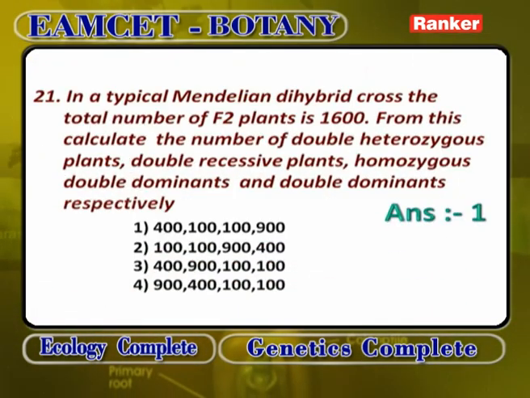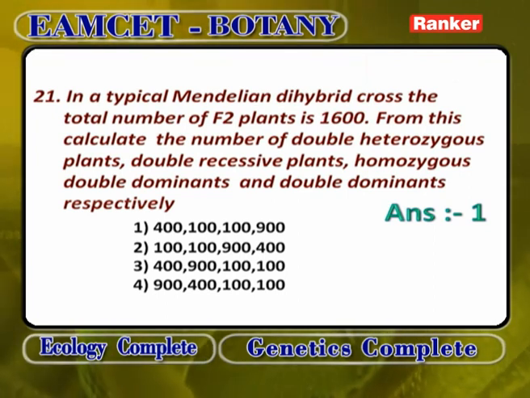Now, in a typical Mendelian dihybrid cross, the total number of F2 plants is 1600. From this, calculate the number of double heterozygous plants, double recessive plants, homozygous double dominants and double dominants respectively. Double heterozygous plants will be 400.